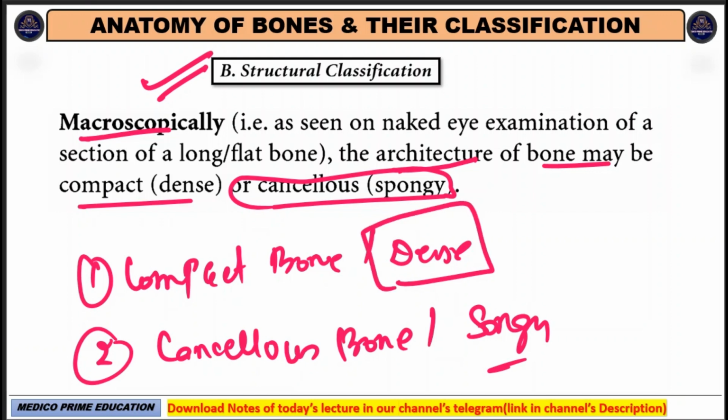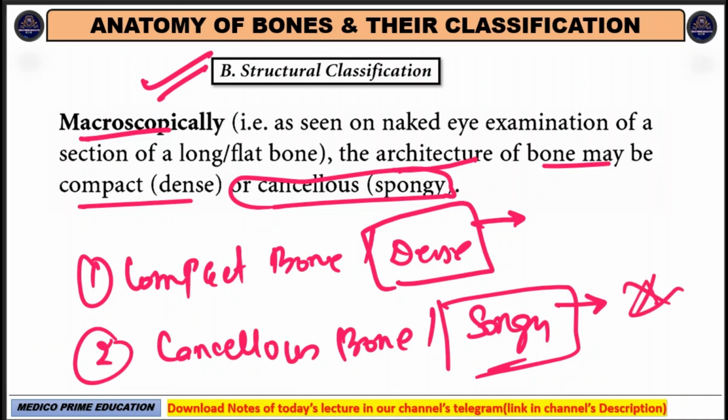If you cut the bone, you can imagine how the bone looks from inside. One part looks dense, like a dense bone, and another part looks like spongy fibers, the spongy bone.